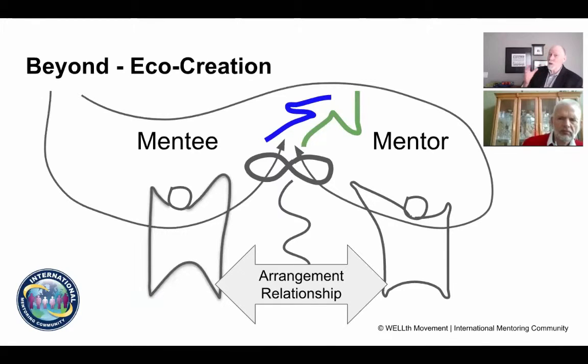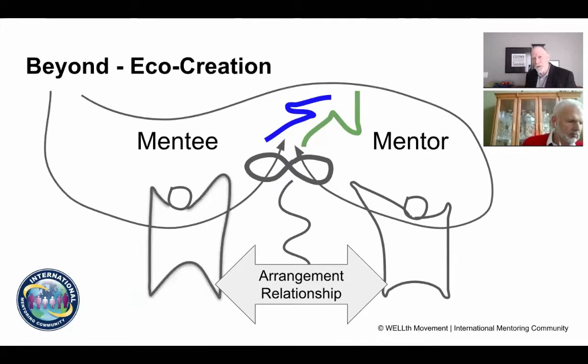But guess what? If you're open as a mentor to that learning that we just mentioned, then there's a ripple effect that goes out from you too. Because of your arrangement and your relationship, it can go out and influence a lot of people, simply because of this wonderful conversation that you've had as a mentor and a mentee.